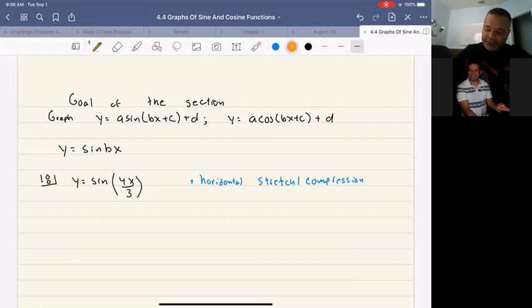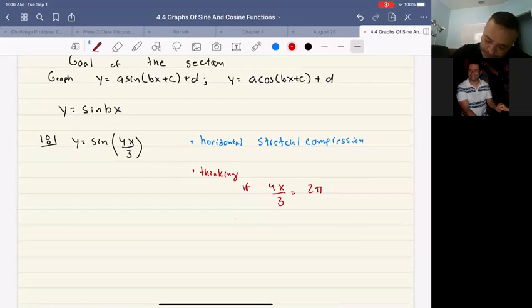The thinking is, if 4x over 3 equals 2 pi, then x equals 3 times 2 pi over 4, which is 6 pi over 4. That's 3 pi over 2. So now this is our new period.